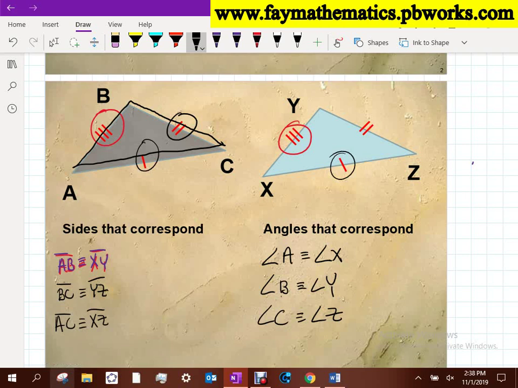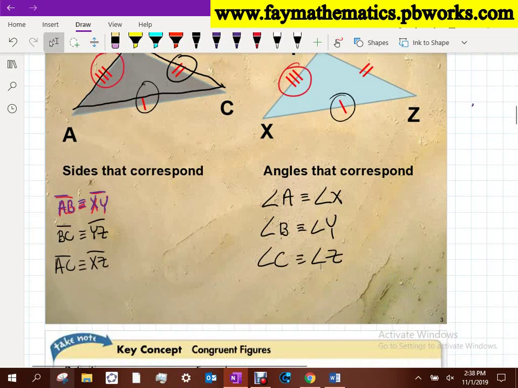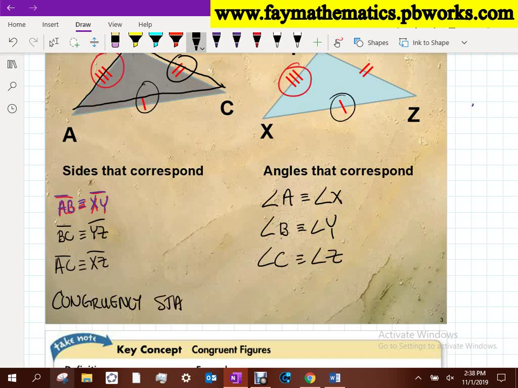If that's the case, then I want to be able to write what we call a congruency statement for these two triangles. Okay, so I'm going to come down here and write congruency statement.